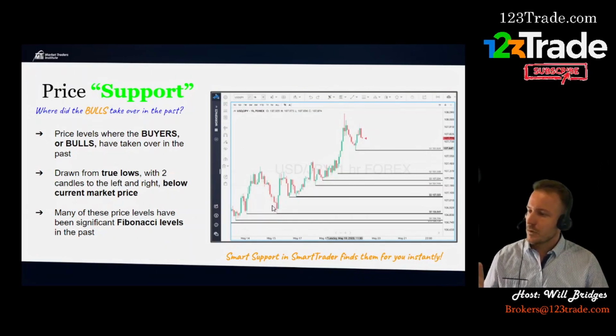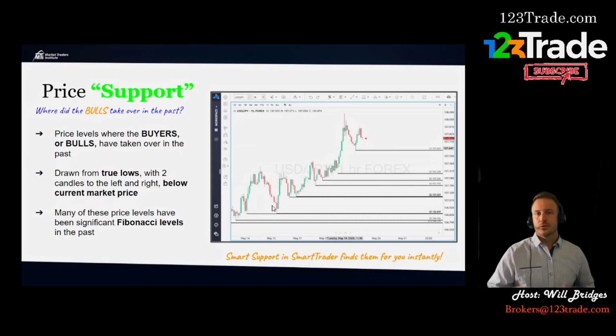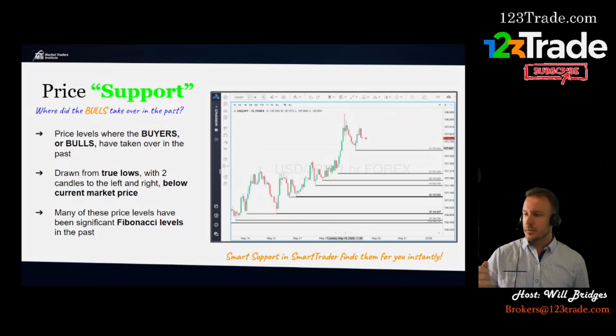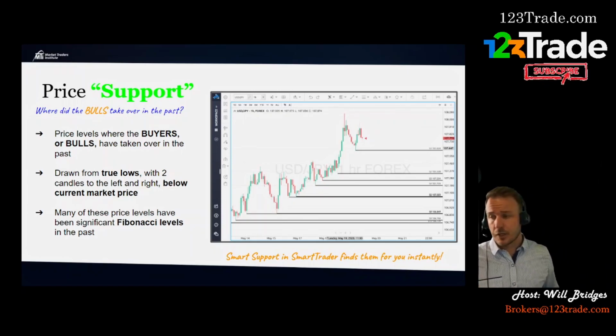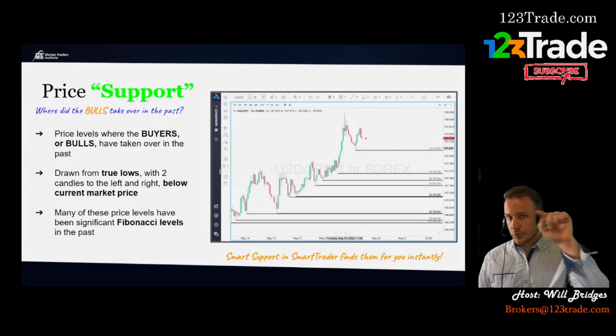So, price support. To make this more clear, you've all heard of bulls and bears. The buyers in the market are the bulls, and the levels that they take over at are often going to be these support levels, often multiple times. You can draw all these manually, and I'm going to show you how to do that. You do need to draw them from the true lows or true highs.